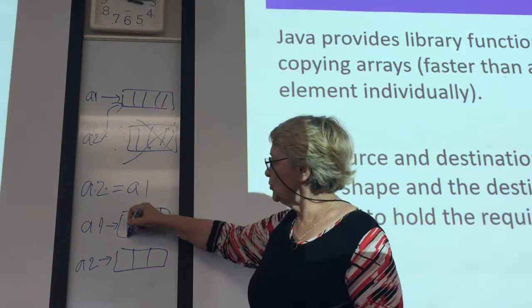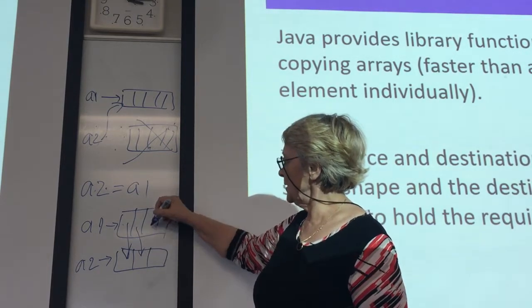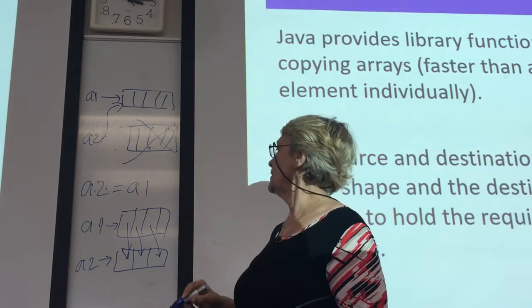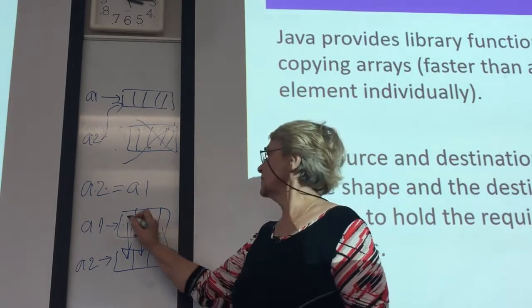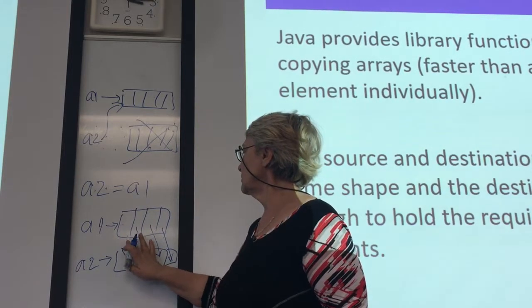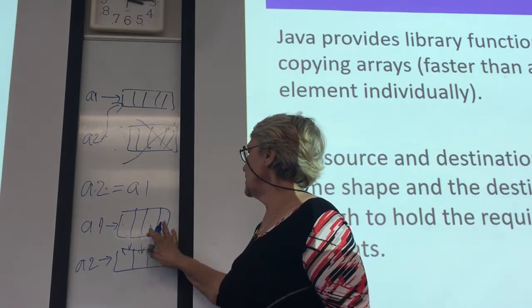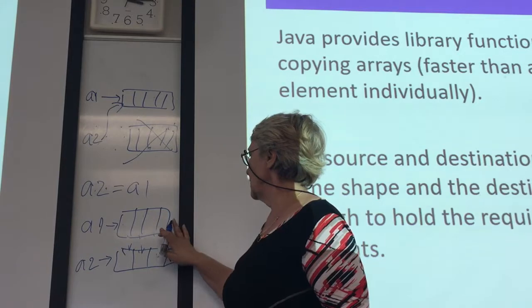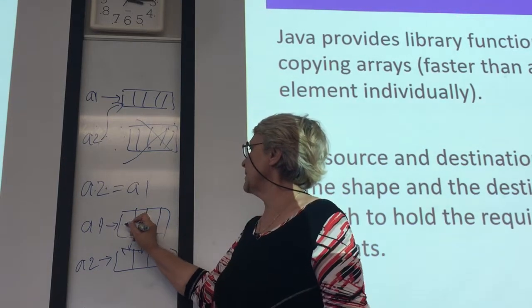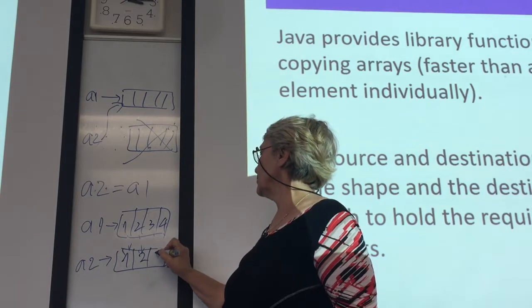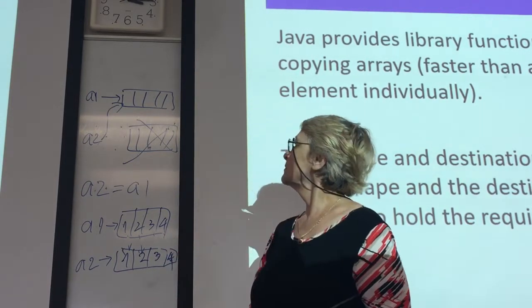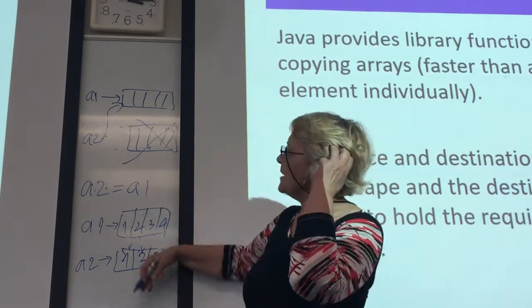You want to do copying. This element goes there, this element goes here, and you want extra data to do copying. So this is what we have for deep copying in C++, right? 1, 2, 3, 4. We want to end up with 1, 2, 3, 4 with the same elements.